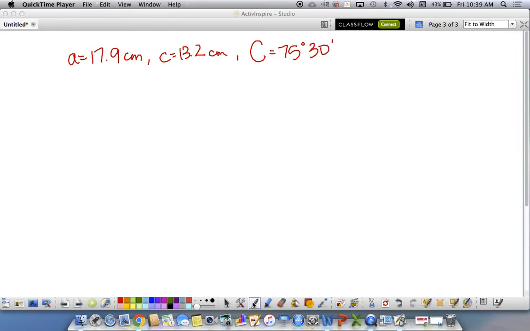Can you see? Solve this triangle. Does a triangle exist? Is the big question. I'll let you start that problem.